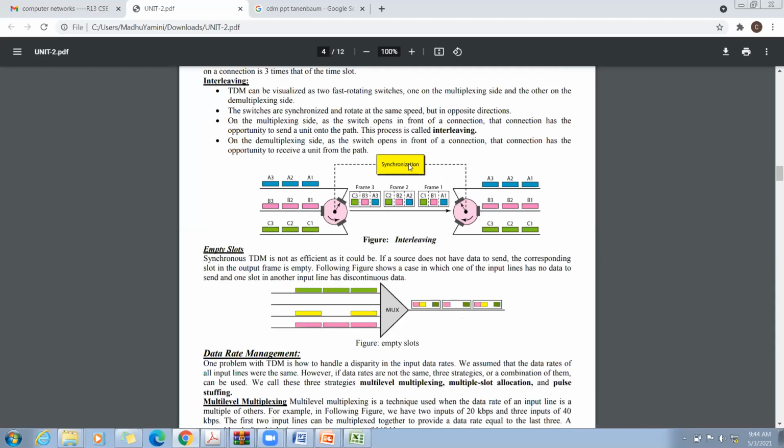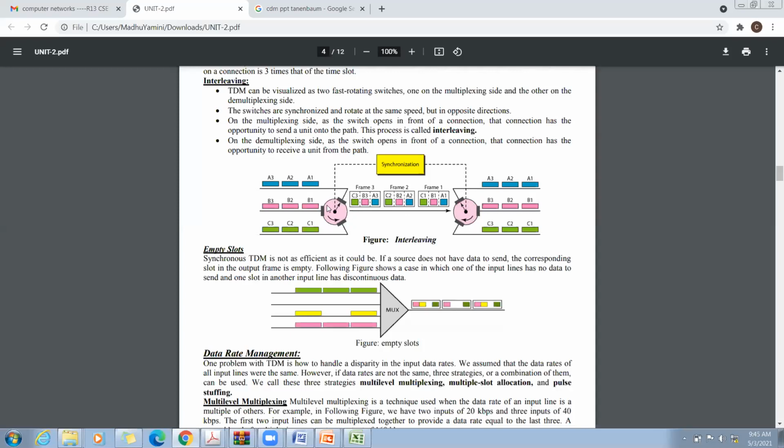Why do we need synchronization? I will tell you. Here, at the multiplexer side, this clock is rotating in the anti-clockwise direction. At the demultiplexer side, the clock is running in the clockwise direction.